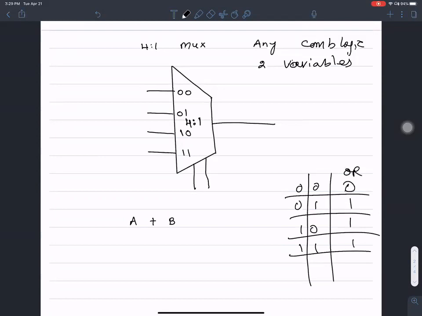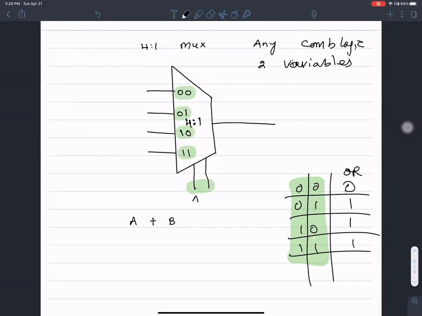So just like we took one part of the truth table, the input lines, and applied that as the address lines, we're going to do something very similar here as well.